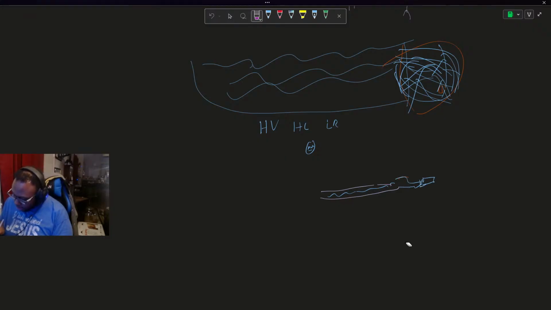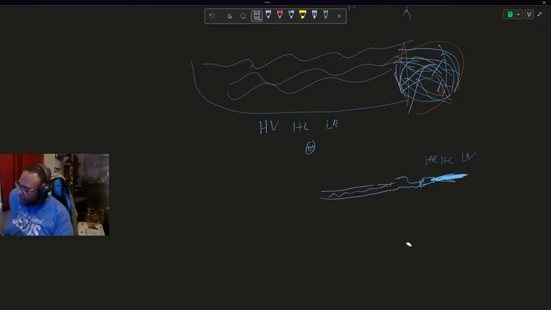So now you have a huge high pressure situation here. This is high current, high resistance, but low voltage. I think that's how it would work.